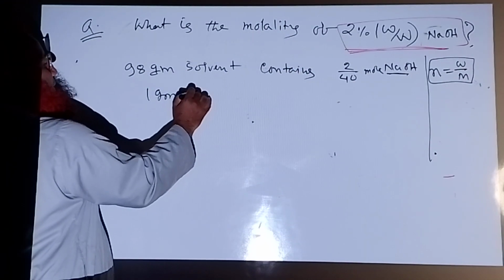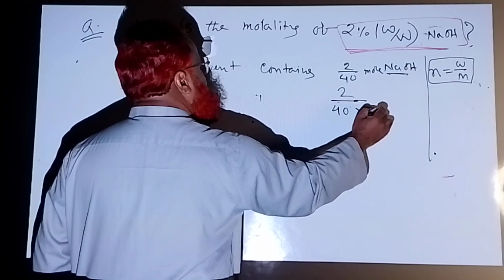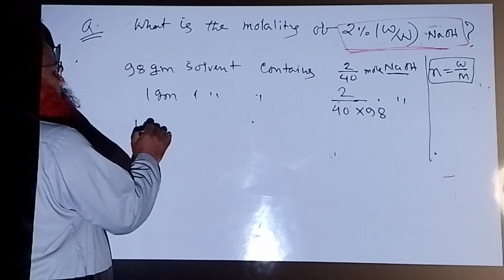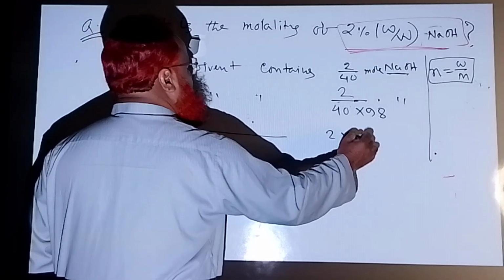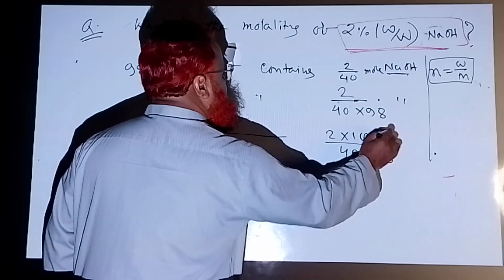So 1 gram solvent contains 2 by 40 into 98. For 1000 gram or 1 kg solvent, it will be 2 into 1000 divided by 40 into 98.